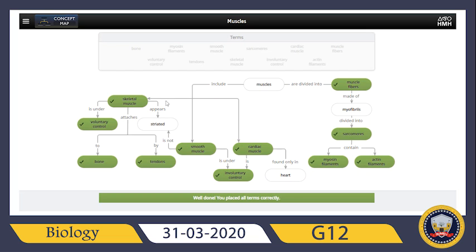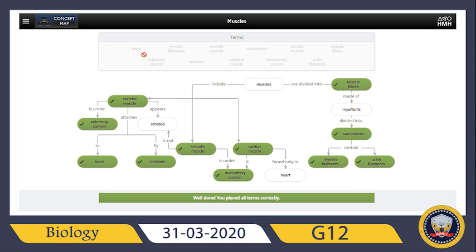The cardiac muscle is a skeletal muscle. Skeletal muscles appear striated under voluntary control, attaches to bone by tendons. Well, the cardiac muscle is involuntary control, smooth muscles in general under involuntary control, and this is correct.